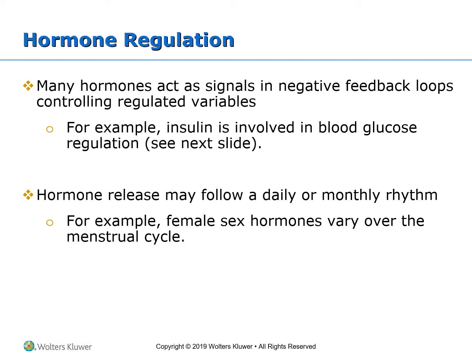The hormone cyclicity or release may follow either a daily or monthly cycle. For example, the adrenal hormone cortisol has a daily cyclicity, while the female sex hormones have a monthly menstrual cycle.